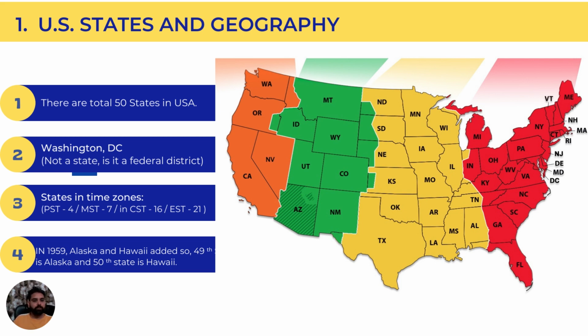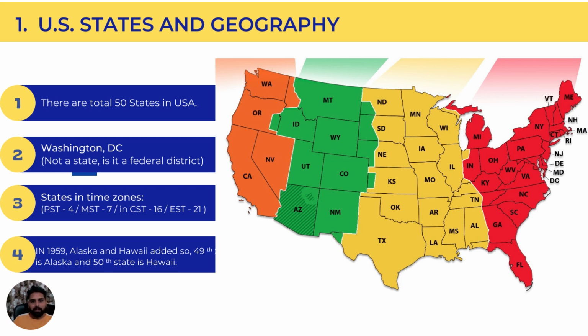Also, the time zone is different for Hawaii and Alaska. So including Hawaii and Alaska, there are a total of 6 time zones in the USA. We just discussed 4. In the next slides, we will discuss all 6 time zones. I hope you are clear with US states and geography. If you have any query, comment to me.